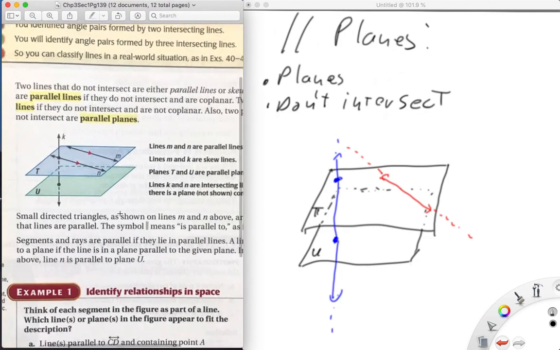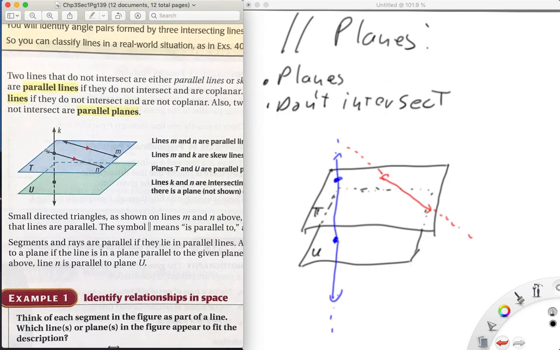And so to recap, here's a picture of it. We have these two lines here. They are coplanar, right? There's three non-collinear points in here that they would share. We have parallel planes T and U. We have this line K such that it goes through both T and U only through that one point.